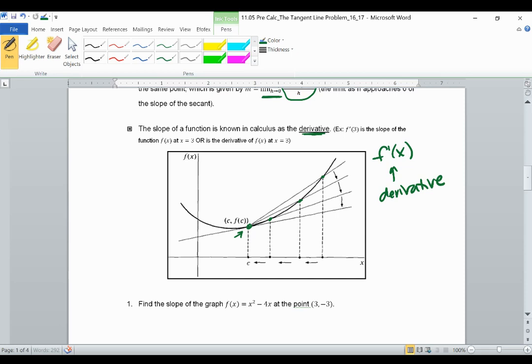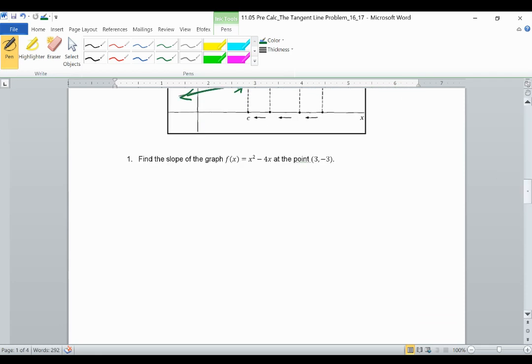So we want to know what is the slope at this specific point right here, this point of tangency. We can't find it with 1 point, so what we do is we take 2 points, and then we take the limit as the distance between them becomes 0. So again, limits just mean what it's approaching. So what are we getting closer and closer to as the distance between them becomes 0?